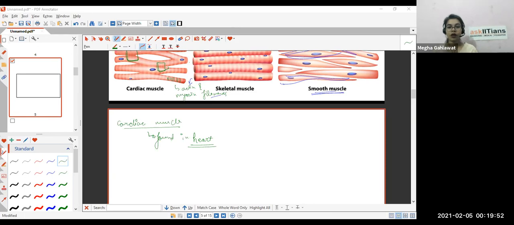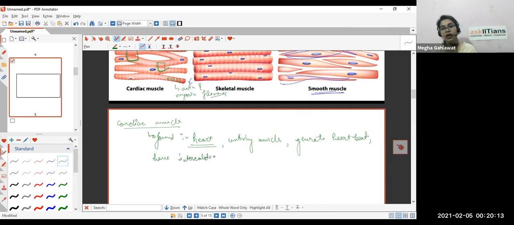So I'm going to write: they're found in the heart. These are untiring muscles. These generate heartbeat. They have intercalated discs, which we have already discussed. I'm pretty sure you must have noted that down.